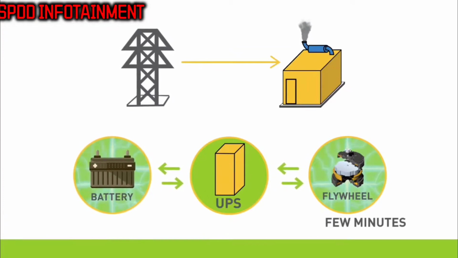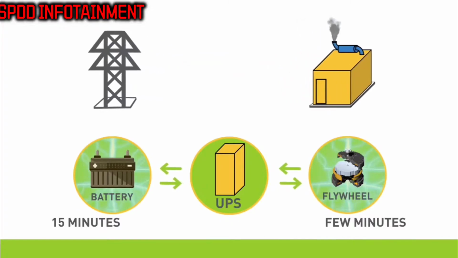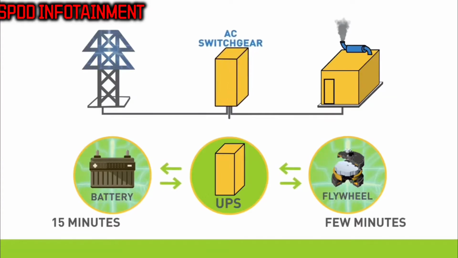Battery systems can provide power for longer durations of 15 minutes or more. There are benefits and drawbacks with both types of systems. After utility power is restored and stable, the automatic transfer switch switches back to the utility feed and shuts off the backup generators. The UPSs then recharge their energy storage capabilities.